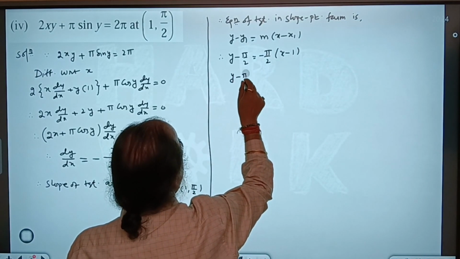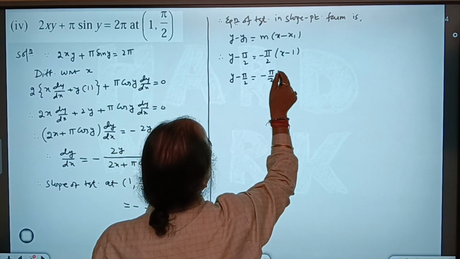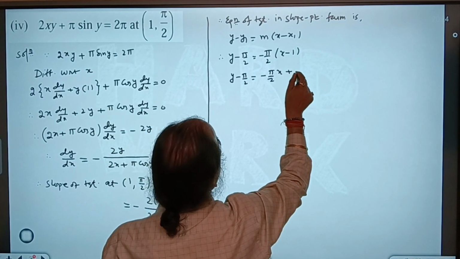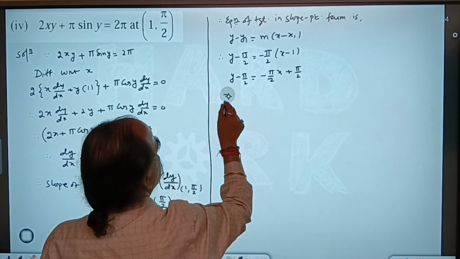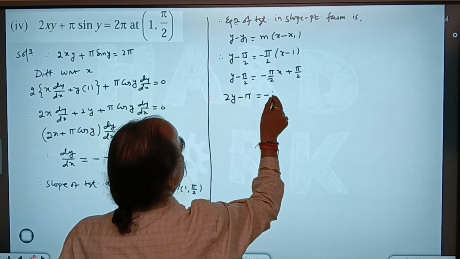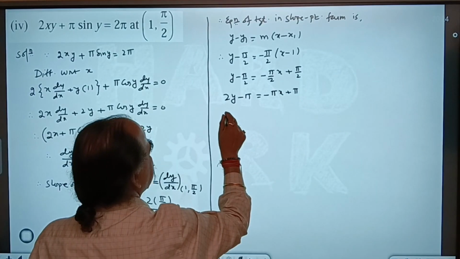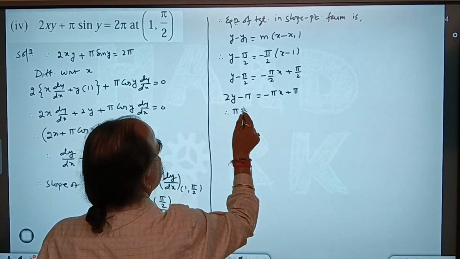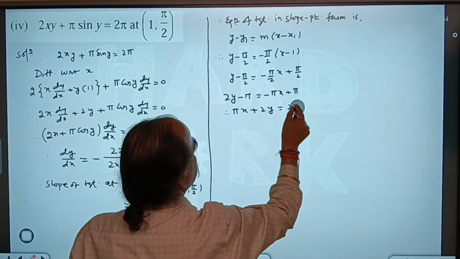So y minus pi by 2 is equal to minus pi by 2 x plus pi by 2. Multiply through by 2, so 2y minus pi is equal to minus pi x plus pi. Pi x plus 2y is equal to 2 pi.